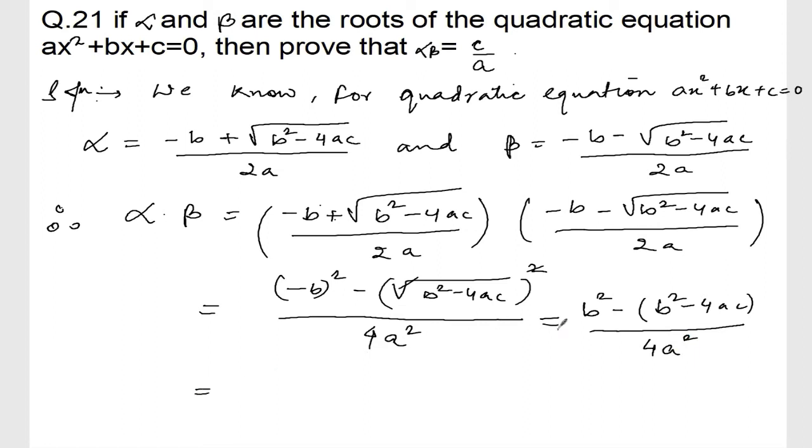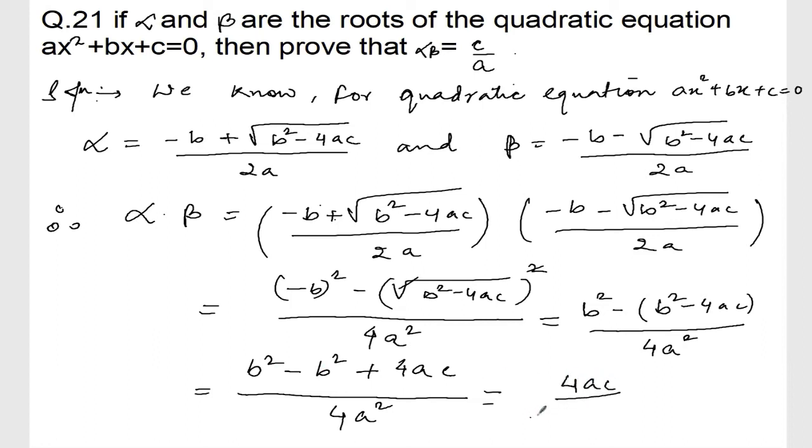Minus into minus is plus, so b square minus b square cancel, leaving 4ac divided by 4a square. The 4 cancels, a and square cancel, so it is c divided by a. So we got c divided by a, hence proved. I hope you understood this much.